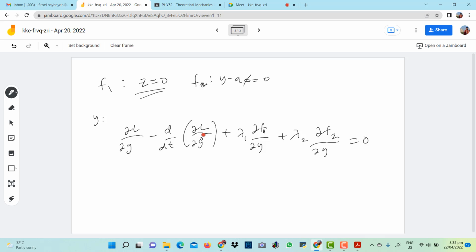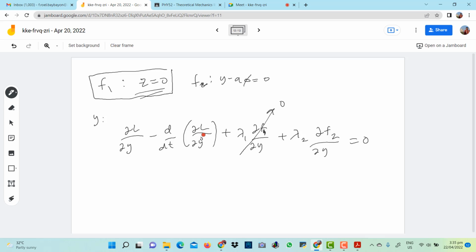Nagsulti ko nga useless ning F1 because, as you can see, if you derive F1 with respect to y, this is equal to 0. Your equation is just z equals 0. If you derive it with respect to y, this term will be 0. So that's why, if you have z equals 0 as equation of constraints, then you can actually omit that. Because later on, mag-cancel out lang gihapon sa imong equation.